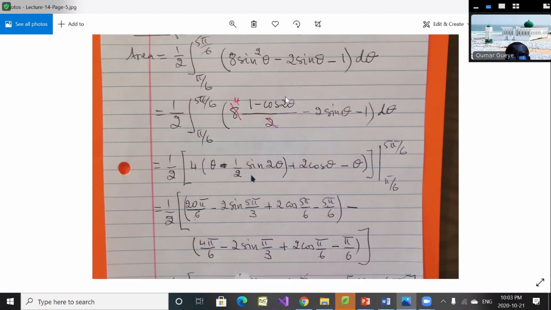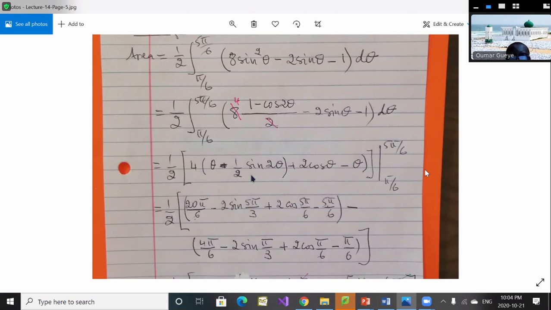So for cosine 2 theta, I'll get minus 1 by 2 sine 2 theta for the antiderivative. And the antiderivative of negative 2 sine theta is going to be plus 2 cosine theta, because the derivative of cosine is minus sine. And for negative 1, I'll get theta.